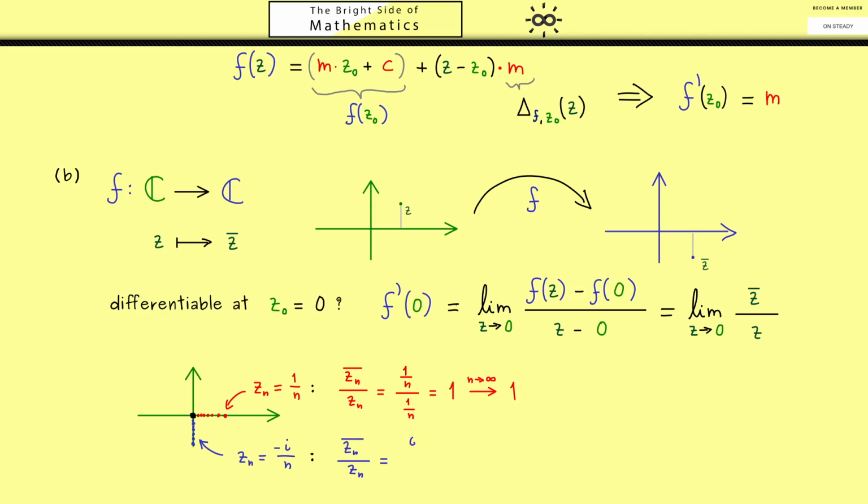It's simply plus i divided by n divided by minus i divided by n. Therefore, we can cancel everything and the only thing that remains is the minus sign. So we get out minus 1. So we see, also in the limit n to infinity, this is minus 1. Which is of course not the same as before, so this is not equal. Therefore, the conclusion is the limit from before does not exist.